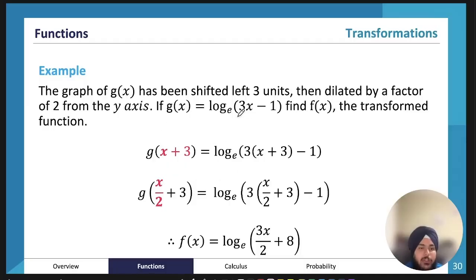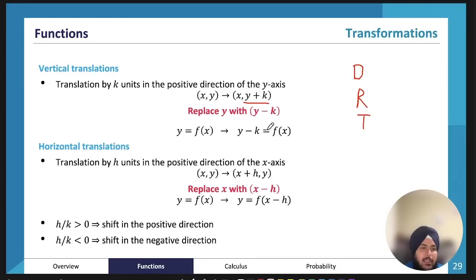So in this case, we can use either function notation or we can use the coordinate method. I've used the function notation here. So first step, translating left 3 units. So it's actually going to be x plus 3, because if we use the coordinate method, we would need to rearrange it and it comes to actually x plus 3.